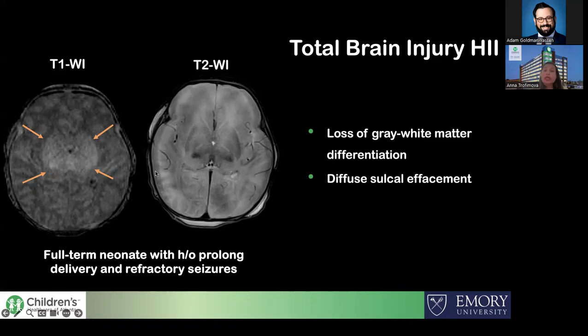We can appreciate cerebral sulci, and both lateral ventricles are super tiny and slit-like, related to all the mass effect that's happening in the intracranial compartment.